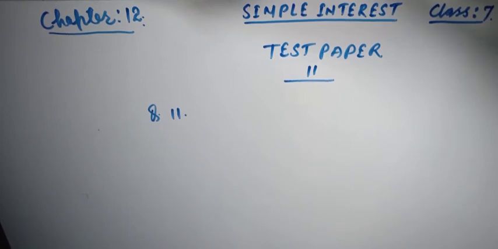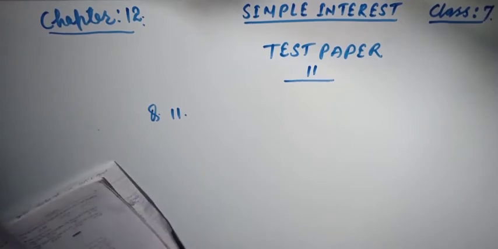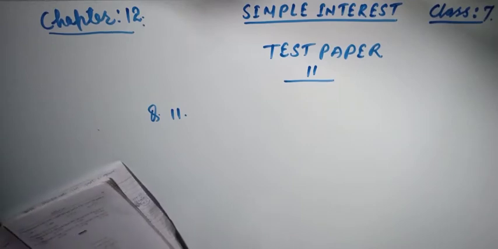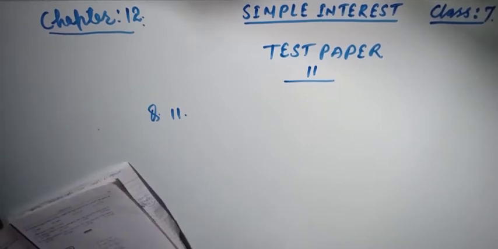So now, friends, we will start the session. So let's get started. Then afterwards, friends, we will discuss the new chapter, simple interest, chapter number 12, and solve example problems.